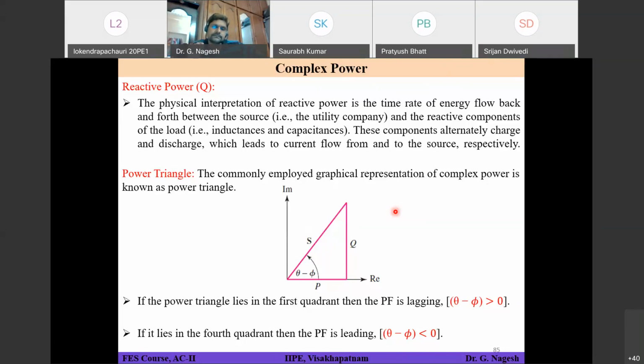That is correct. That's why we are calling it as Q. If P has some value, adding one more inductor to the circuit will not increase your P value. It will increase only your Q value. You are understanding?